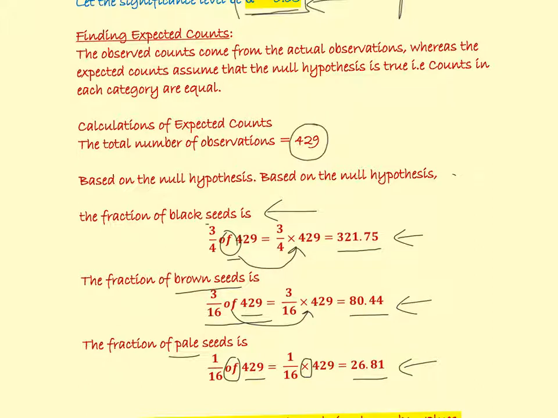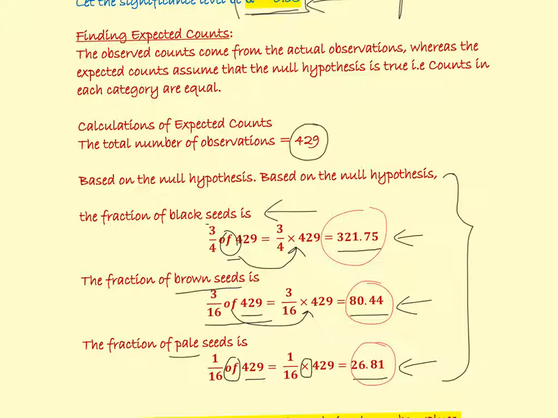So what we've calculated here are the expected counts. What we are expecting is the null hypothesis, because we always assume that what we are trying to find evidence against is actually true. So the genetic law says that out of 429 seeds, 321.75 must be black, 80.44 must be brown, and 26.81 must be pale.